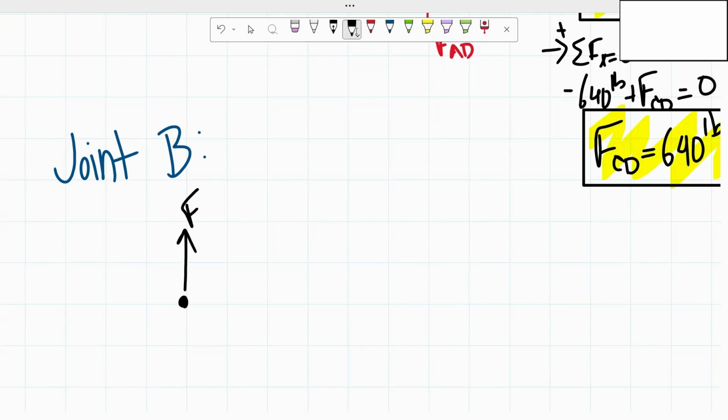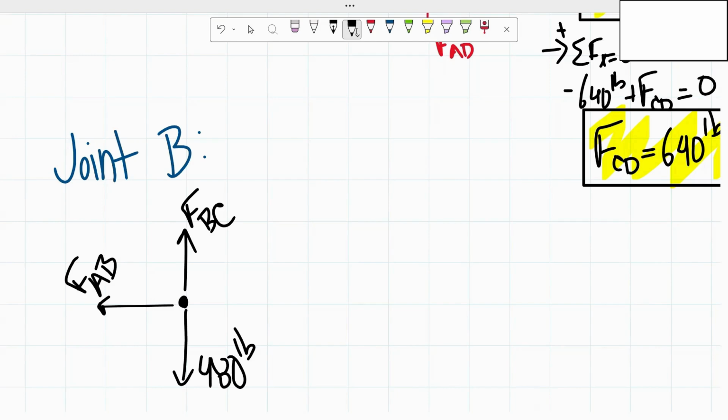That would be the force of bar BC. From there, we would have the force of bar AB. And then we would have a reaction of 480 pounds going downwards. As you can see, the force of AB is going to have a value of 0, but we're still going to show the work for it.